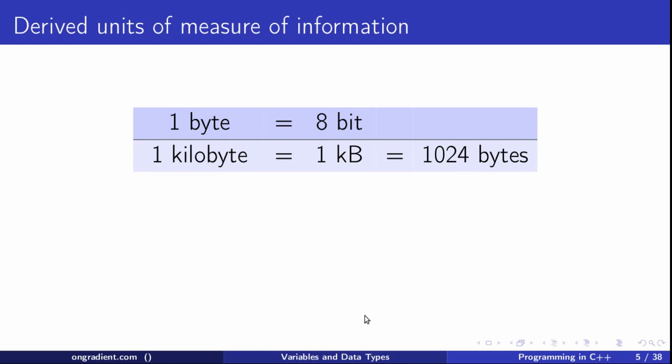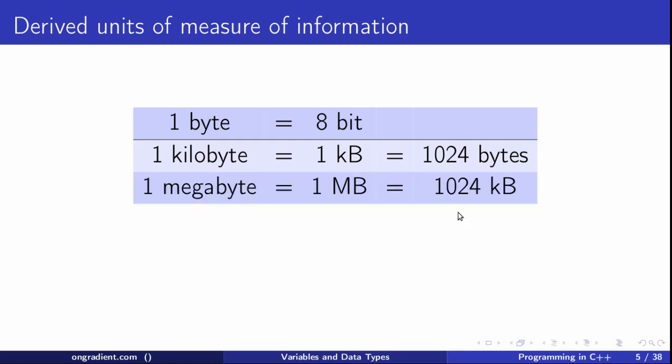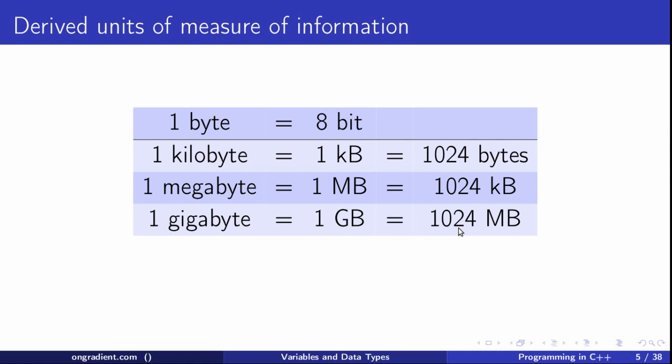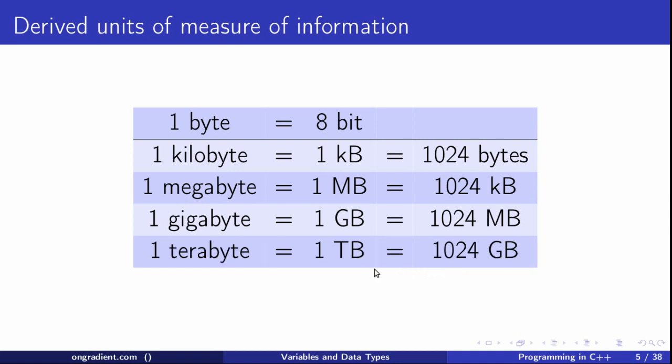The amount of information in 1024 bytes is called 1 kilobyte. 1024 kilobytes will be considered as 1 megabyte. 1024 megabytes are 1 gigabyte. Over a gigabyte comes the terabyte.